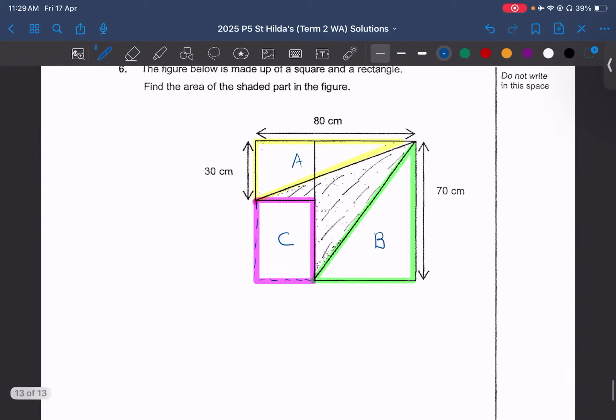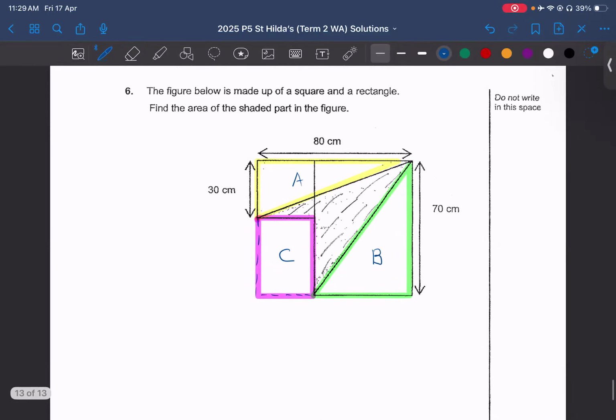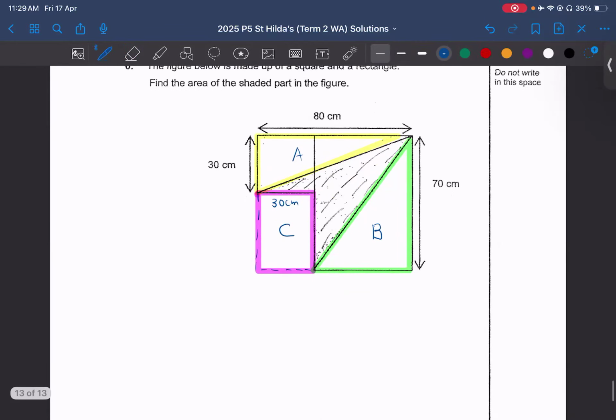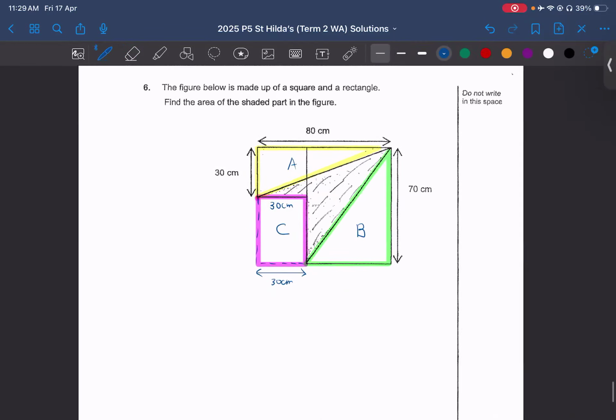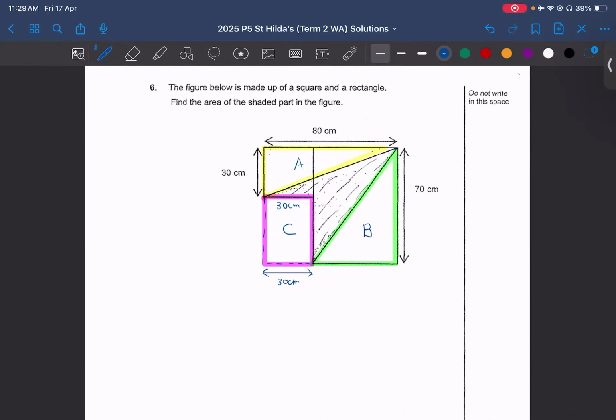Since we know the side of the square is 30 centimeters, so here will be 30 centimeters, and it means that the breadth of my rectangle C will be 30 centimeters as well. So next, we can go and find the length of the rectangle, which is this portion here.